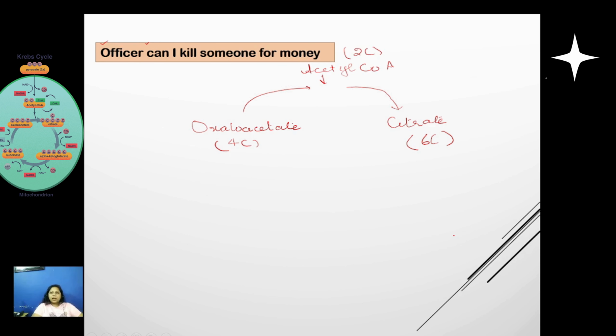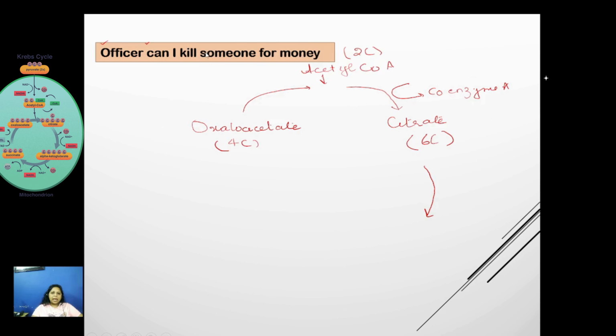Now citrate is going to make isocitrate. That is what I stands for. Here there is removal of coenzyme A. Isocitrate then makes alpha ketoglutarate.